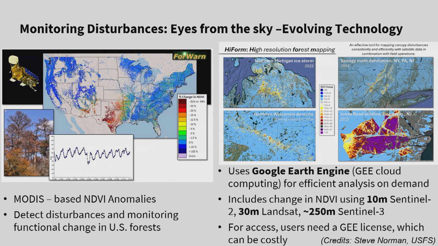Later on, he moved to Sentinel-3, but that's a kind of older technology, so we are also moving to a higher resolution at this point. We call it HighFORWARN. Steve Norman, our scientist, is working on that. There are a lot of applications, as you can see on the right, such as spongy moss, and also ice storm damage, which can be detected well with this technology.